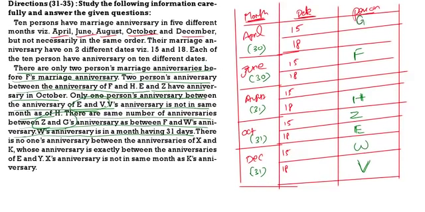Then there is no one's anniversary between X and K. K is exactly between E and Y. And X's anniversary is not in the same month as K. So taking that into consideration, here we will get X and K. That may be XK or KX.